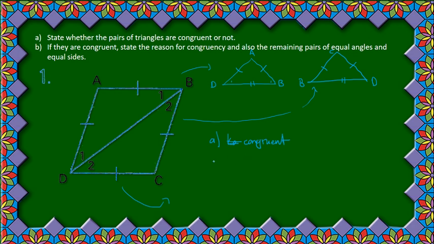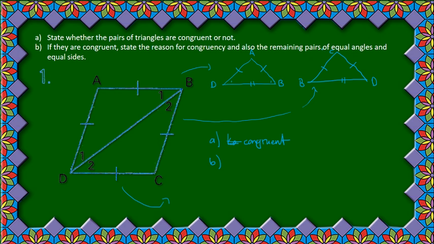Alright, and then for B, now there's 6 things that need to be equal in congruent triangles, and normally we're given 3. So in this case, there's a possibility of 3 angles and 3 sides. So we were given the 3, and here it says we need to then name the remaining pairs of equal either angles or sides.